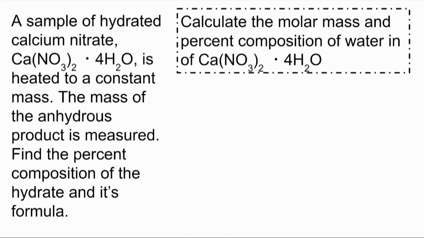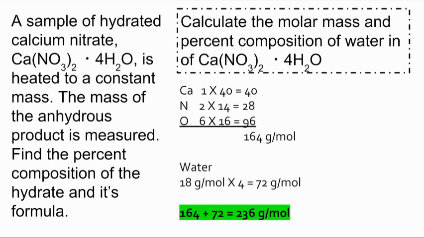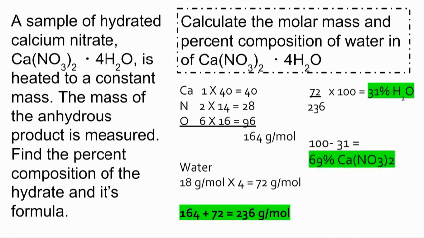The very first thing we need to do is find the molar mass of calcium nitrate hydrate, and we can see that we would get 236 grams per mole, 164 grams from the anhydrous part, and 72 grams from the water portion, creating a molar mass of 236 grams per mole. That means that it's going to be 31% water, part divided by whole, which will make it 69% anhydrous compound.